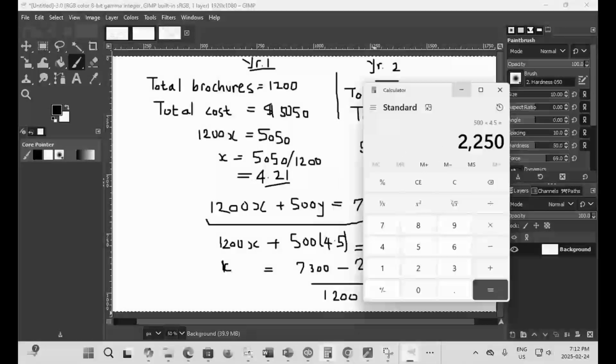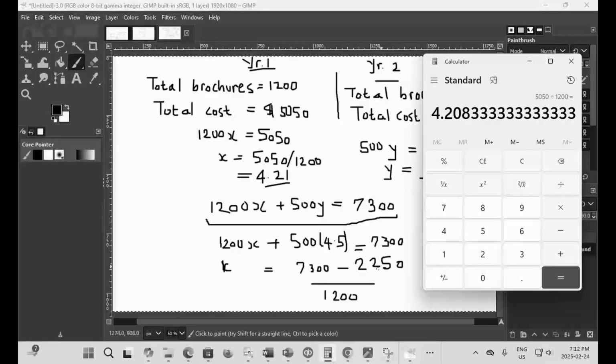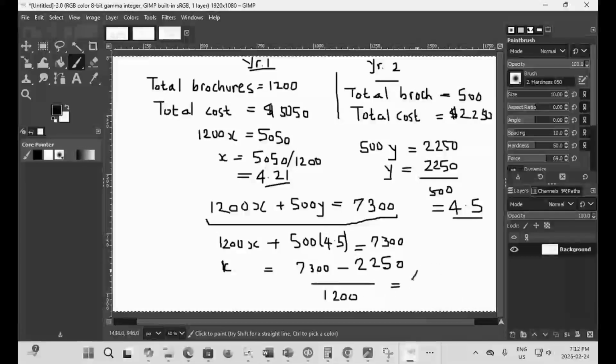If we do the math, 7,300 minus 2,250 divided by 1,200 is 4.21. This will be your x.